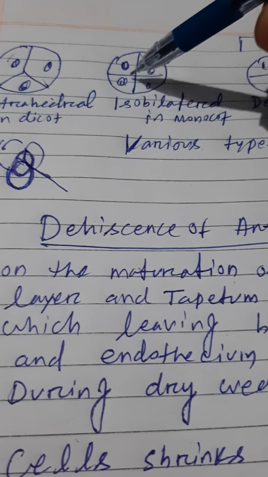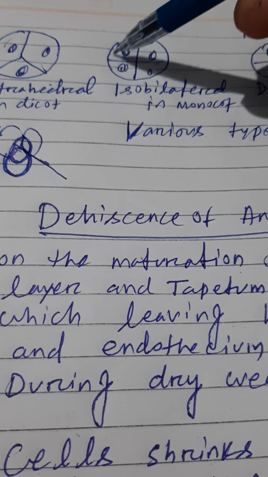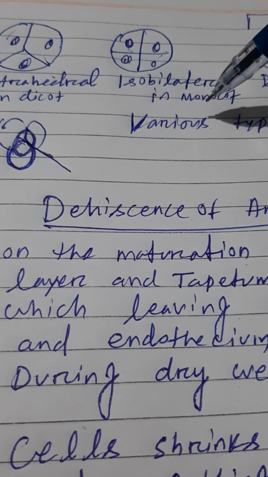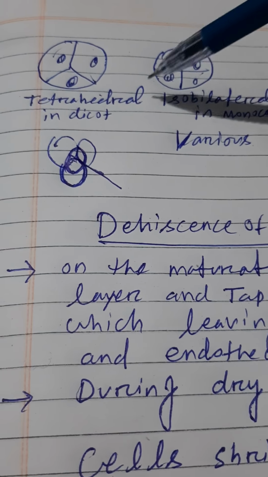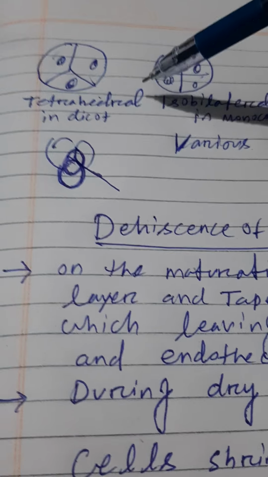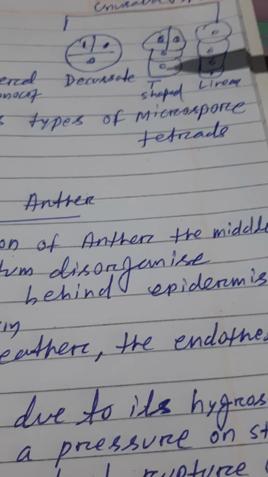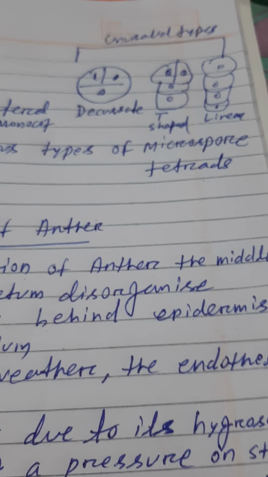Next, isobilateral. That is a very simple one: 4 microspores are arranged in the isobilateral type, and it is usually found in monocots. So these are the usual types of microspore tetrad, and these other 3 are quite unusual.